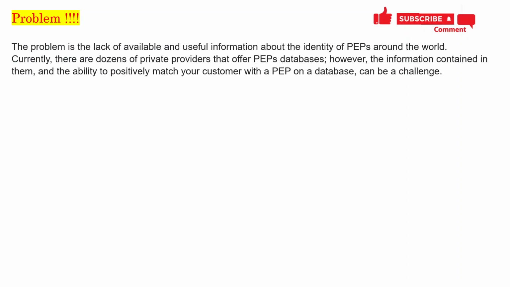The problem is the lack of available and useful information about the identity of PEPs around the world. Currently, there are dozens of private providers that offer PEP databases. However, the information contained in them and the ability to positively match our customer to a PEP in a database can be challenged. What that means is that no database is maintained, especially in any country, of when a person's position got elevated to PEP.